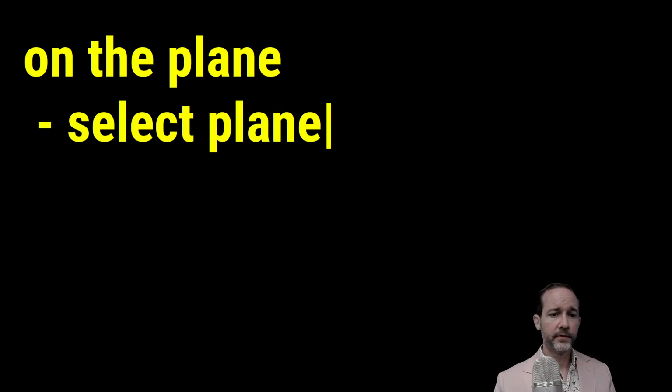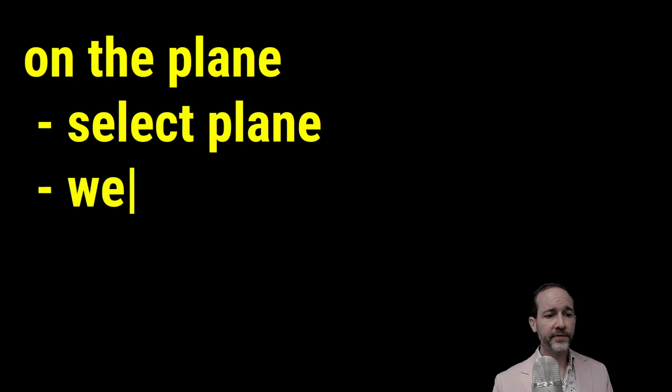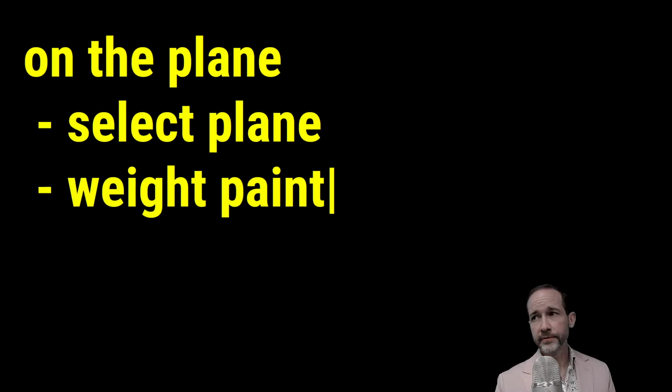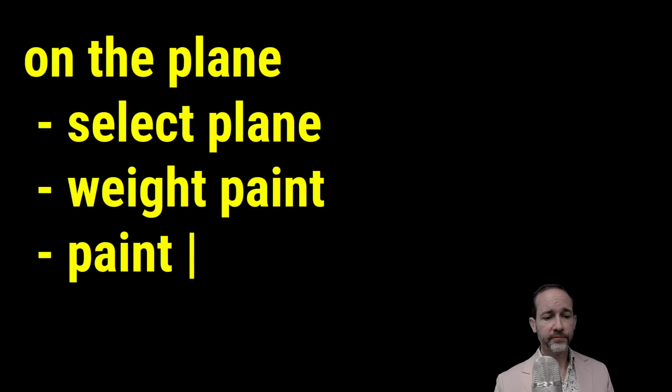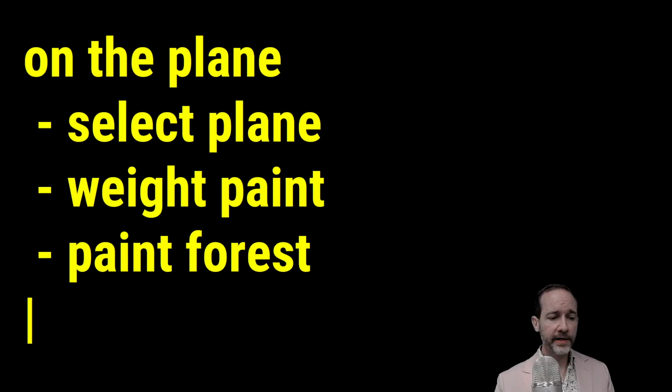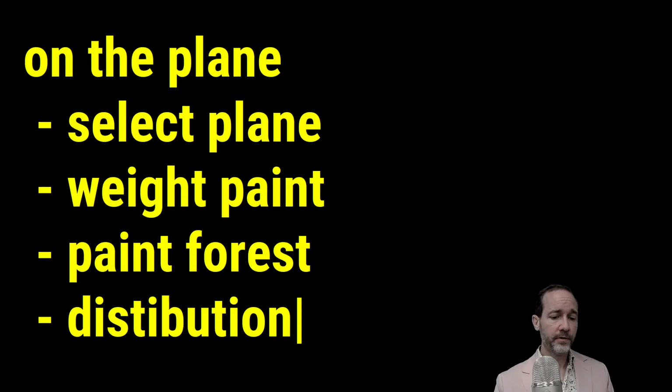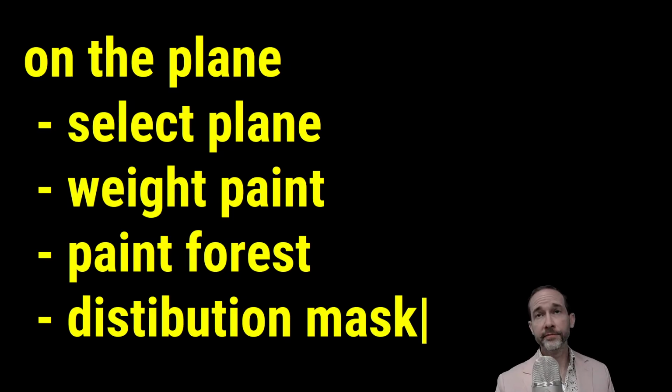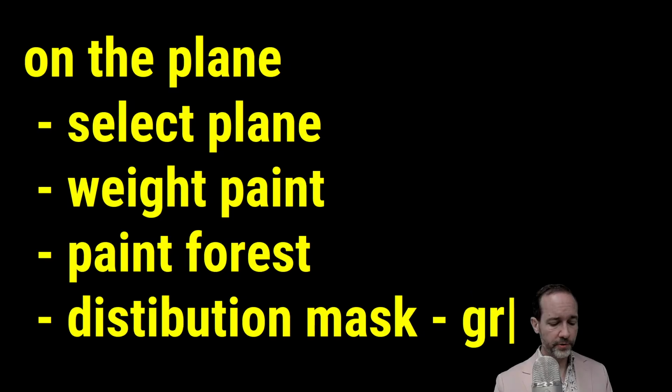So select the plane, go to weight painting mode, paint forest, and then in the distribution mask parameter of the scatter on surface, this is where you select the weight paint group, whatever you named it. So name it something clear.